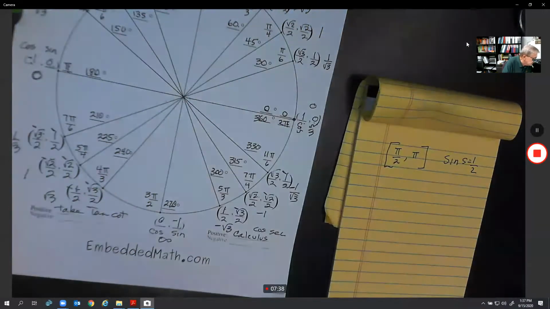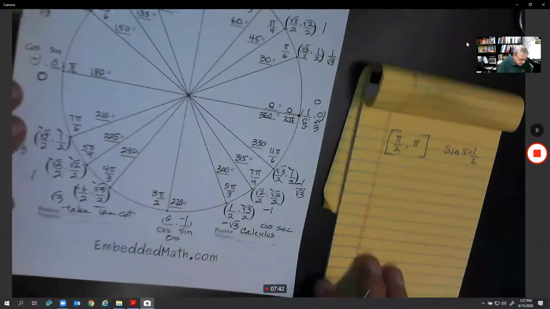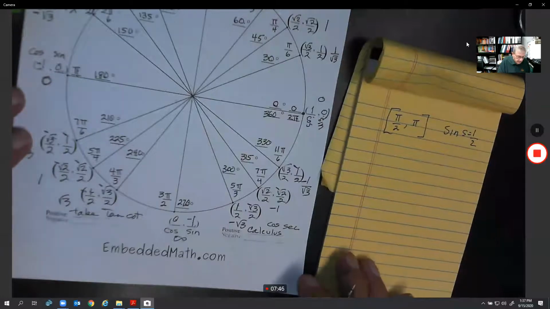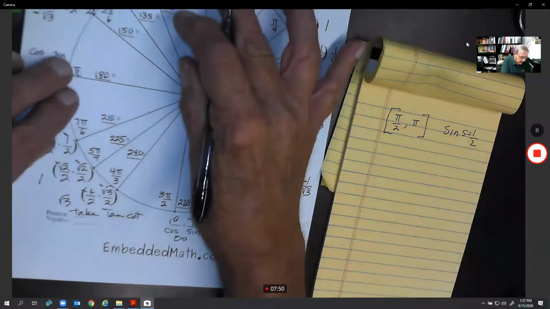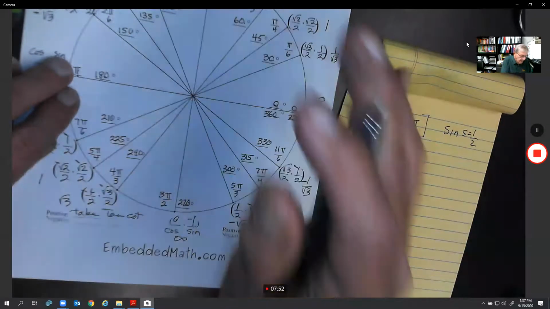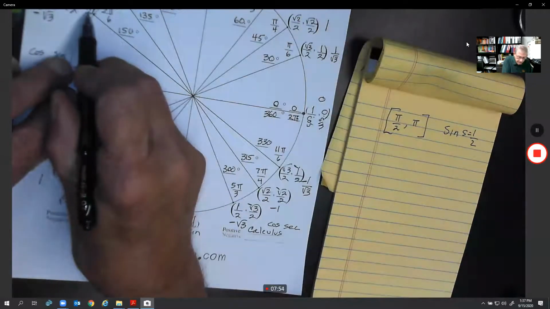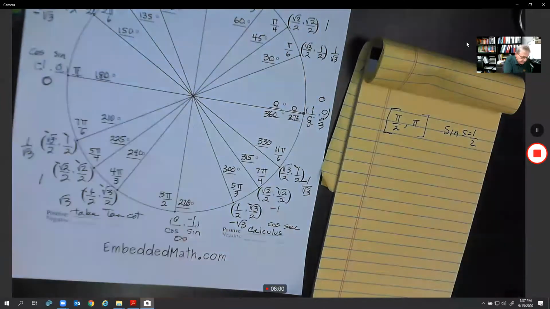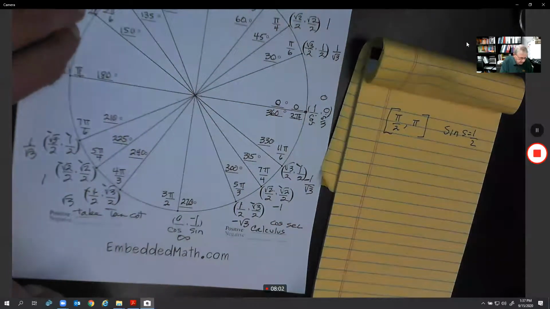It says find the exact value of the circular function. Do not use a calculator. Pi over 2 would be 90, and pi would be 180. So maybe they're saying the angle is between these two, and then it's 1/2. So if it's 1/2, it's going to be 5 pi over 6, because we want the sine.